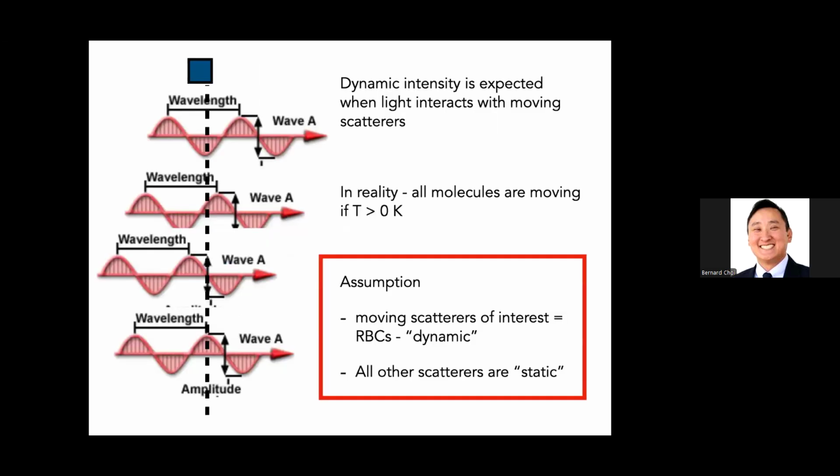This is where you start getting into, and it's kind of an exercise in the obvious, but Christian showed this example where you have the different waves. We're assuming that mainly all these changes, in the shifting, are due to particle motion. In reality, you have moving scatterers, but you also have what are called static scatterers. Some particles are moving at a rate, and some are moving at a lower rate.